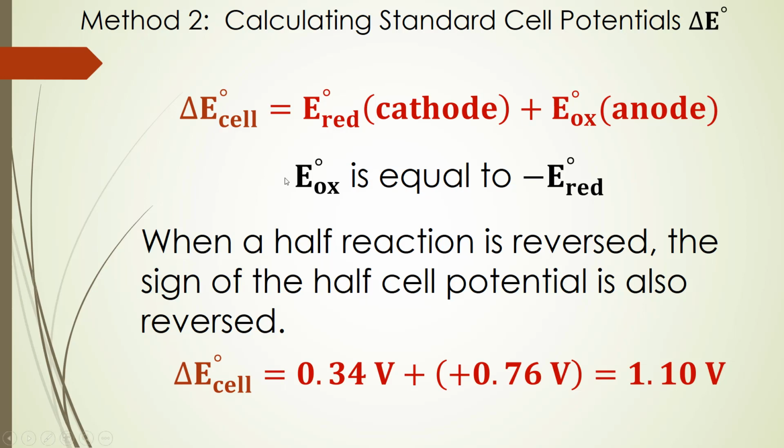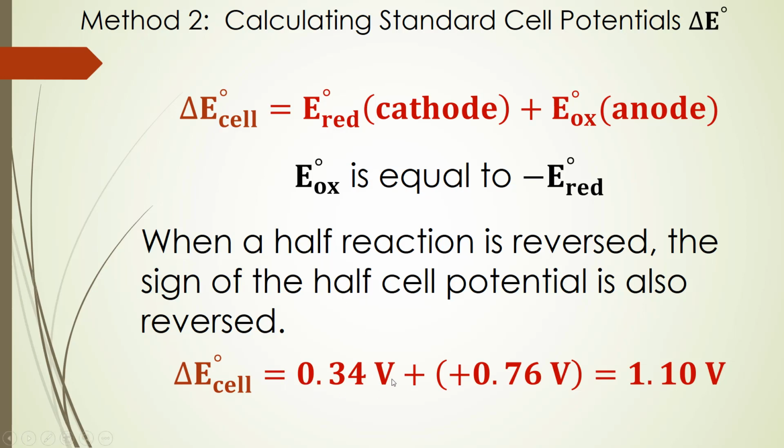So the oxidation potential of the oxidation half reaction is just equal to negative whatever the reduction potential was. Remember, in the previous method, you subtract the standard reduction potential of the anode from that of the cathode. Instead, you're just going to switch that sign right away, and then you're just going to add them together. So when you reverse that half reaction for the anode, you reverse the sign of the half cell potential, and you get an oxidation potential instead.